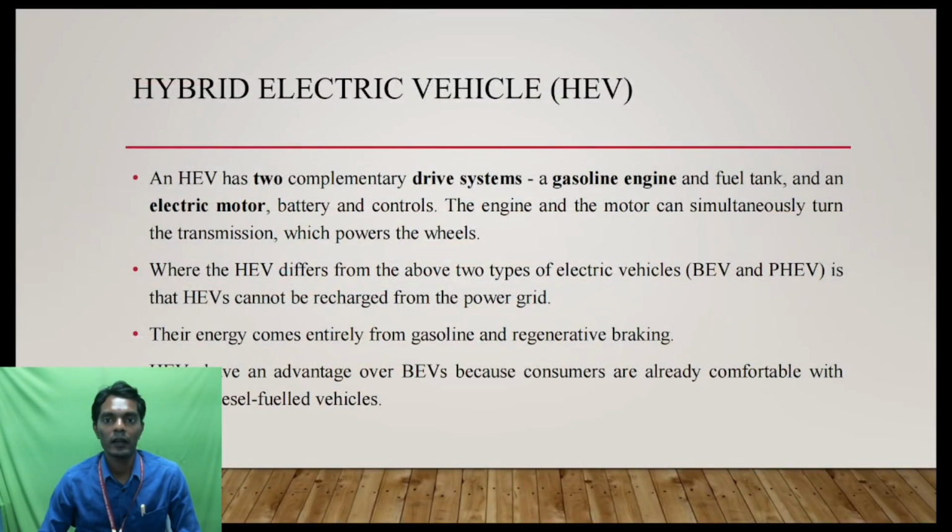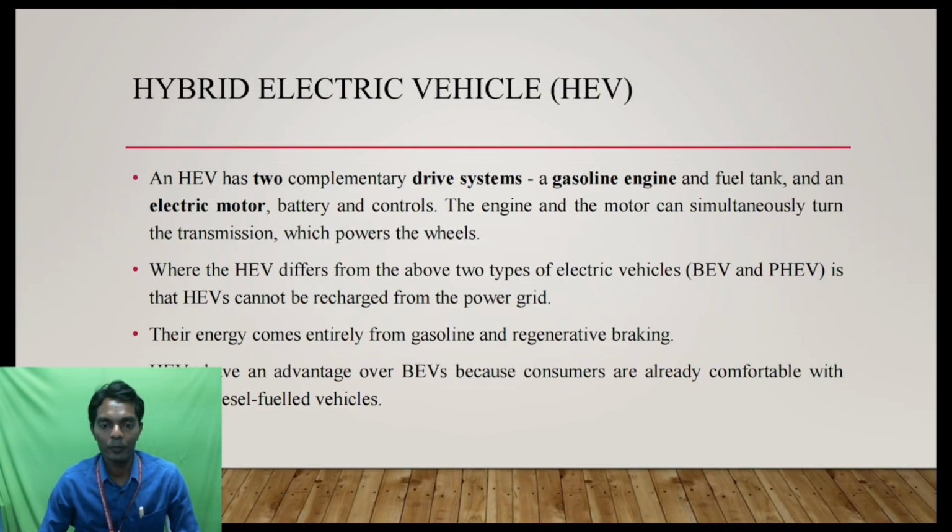What is a hybrid electrical vehicle? As the name says, we have two complementary drive systems. One is gasoline and another is an electrical motor. Where the HEV differs from the above two types of electrical vehicle is that HEV cannot be recharged from the power grid. The energy comes entirely from gasoline and regenerative braking. What is the important key factor here?